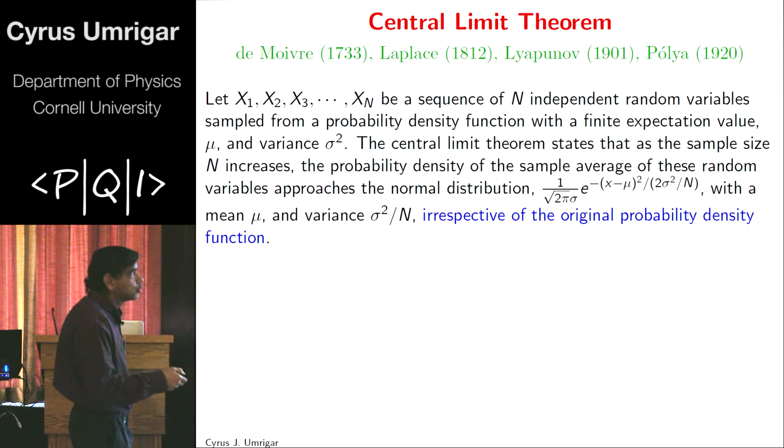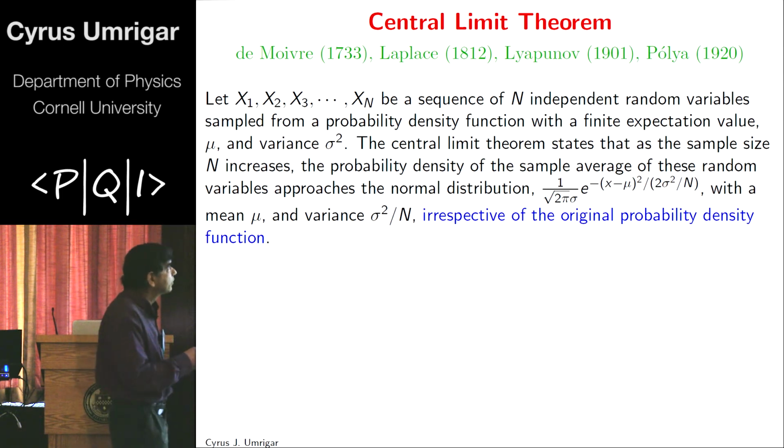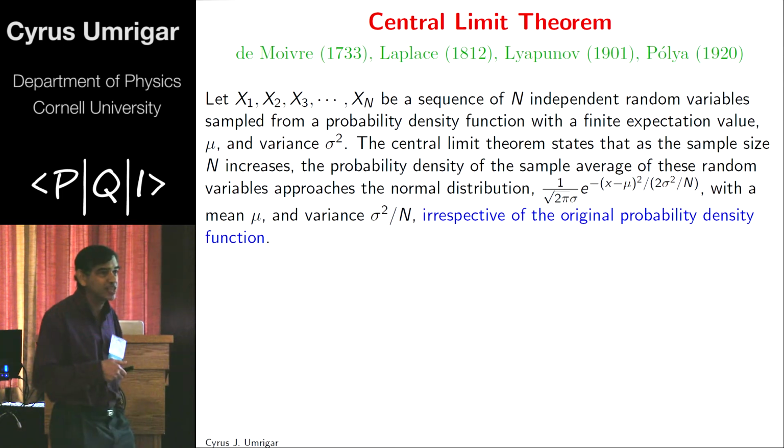And the width of the Gaussian is going to go down as the square root of the number of variables that are averaged.